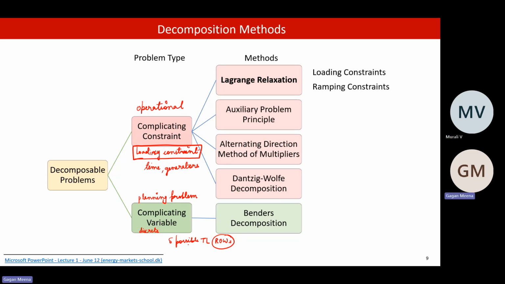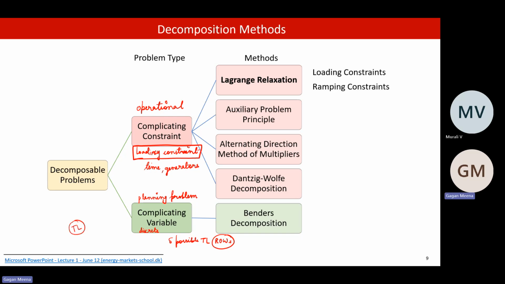So the planning problem falls under this category where we have a variable that complicates the problem. If that variable is removed, then we can solve that problem for each year or even each day separately. And that variable is, let's say we want to plan for transmission lines.